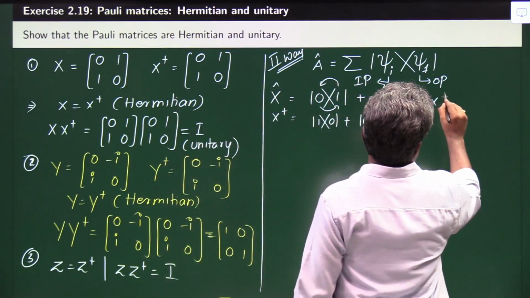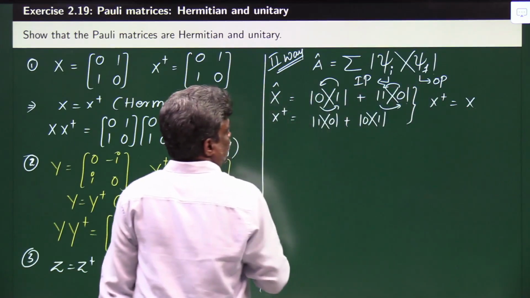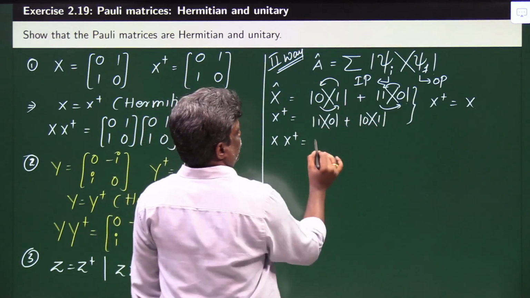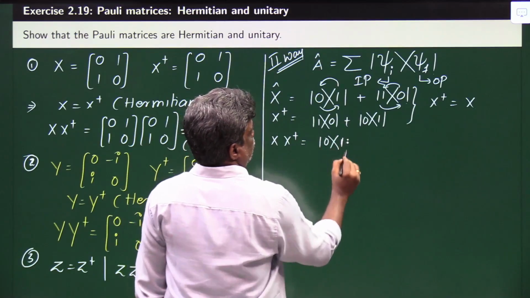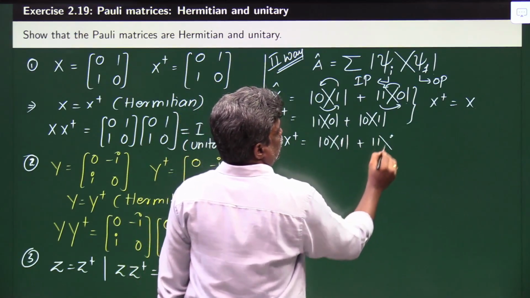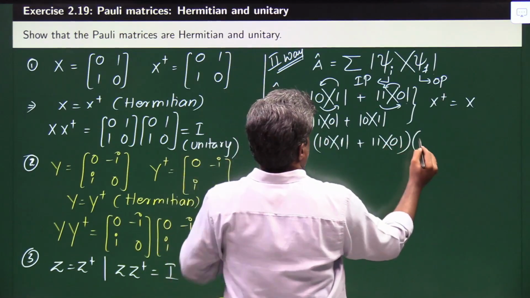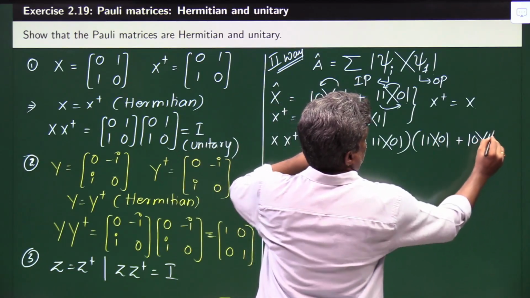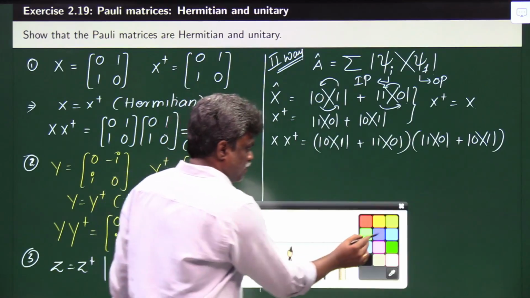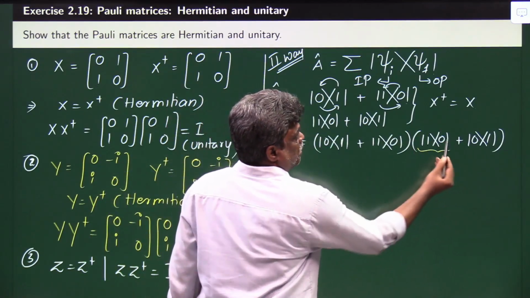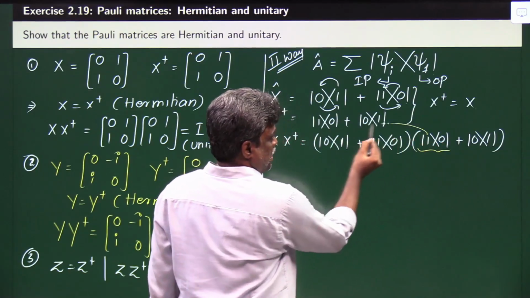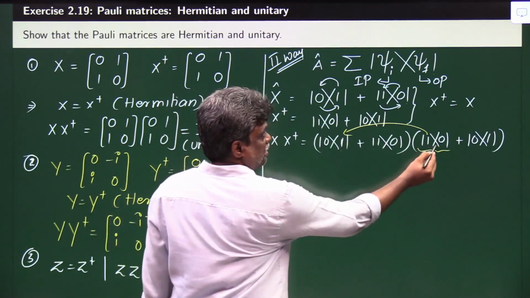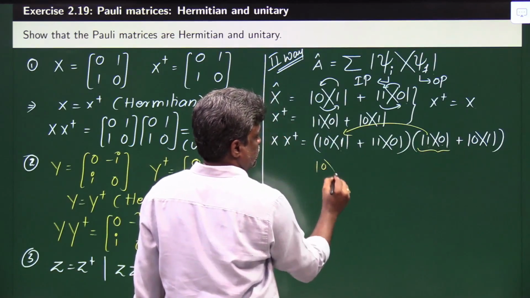So X dagger equals X. Now if I take the product X into X dagger, this is |0><1| plus |1><0|, multiplied with |1><0| plus |0><1|. Now whenever you are multiplying, the outer product <1| here will be multiplied with this. Then <1|1> will become 1, and you remain with |0> here and <0| here. That is |0><0|.